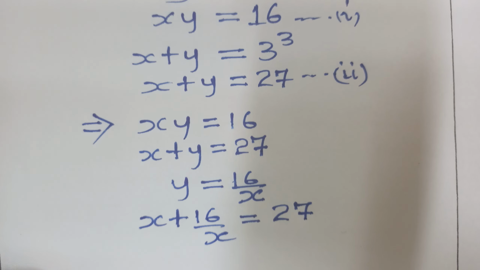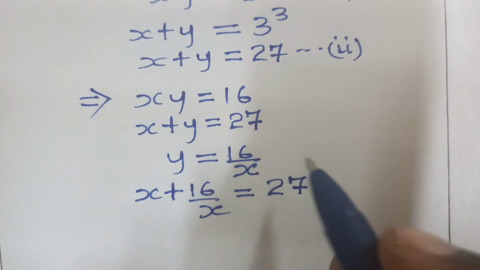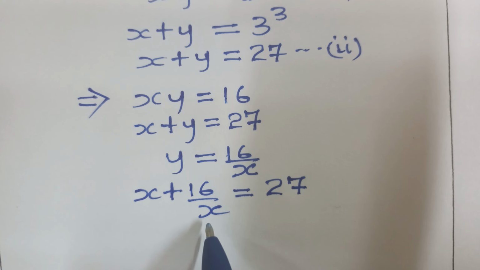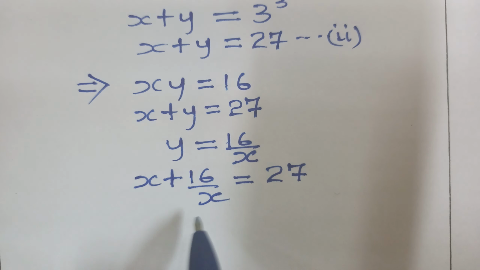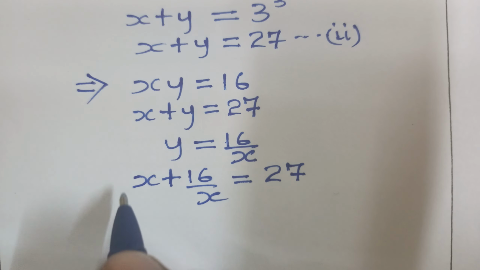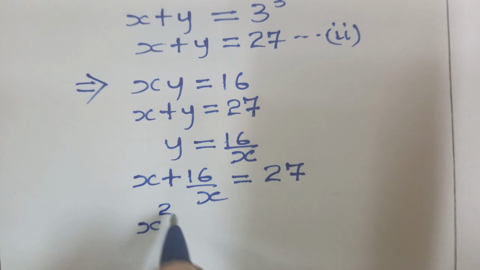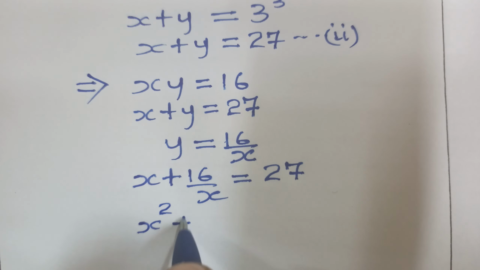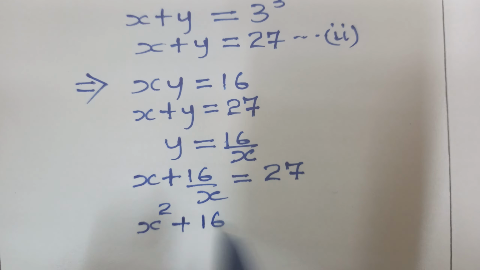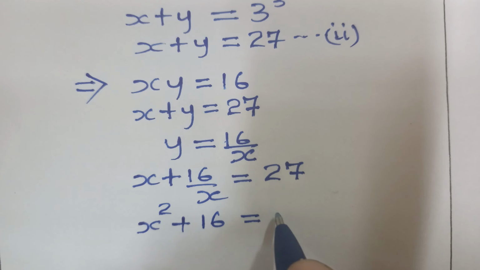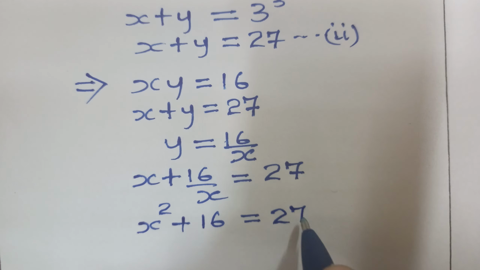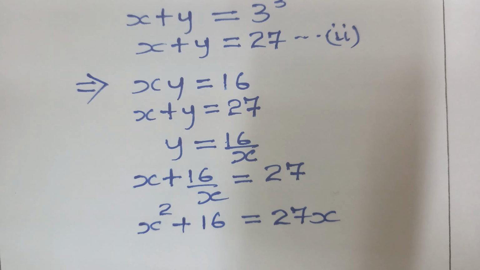With that, I can multiply every term by x to remove the denominator x. And so if I multiply by x, this side will have x squared plus 16 equals 27x, like that.